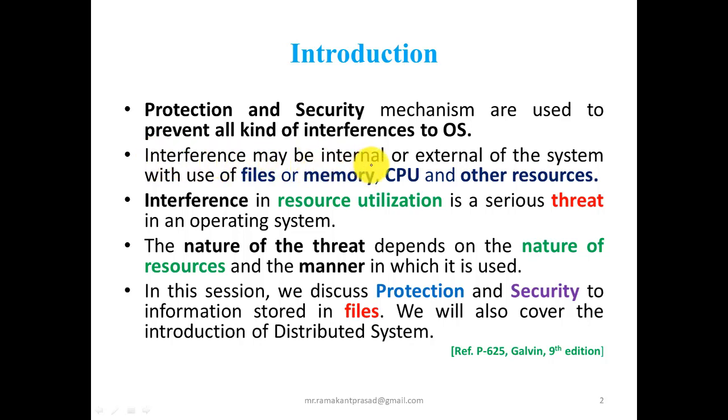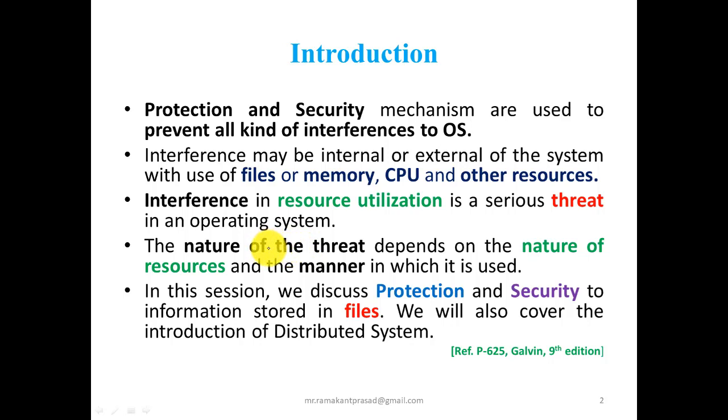Interference may be internal or external to the system, with use of file or memory or CPU and other resources. Other resources means printers and scanners also. The interference in resource utilization is a serious threat in an operating system. How to utilize our resources with proper security and protection. The fourth point is that the nature of the threat depends upon the nature of the resources.